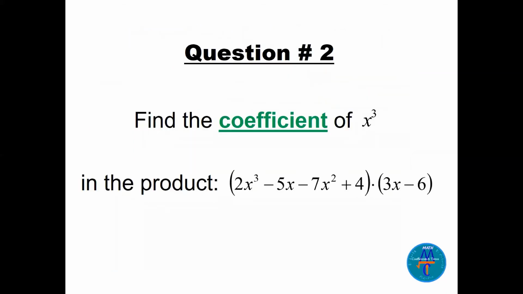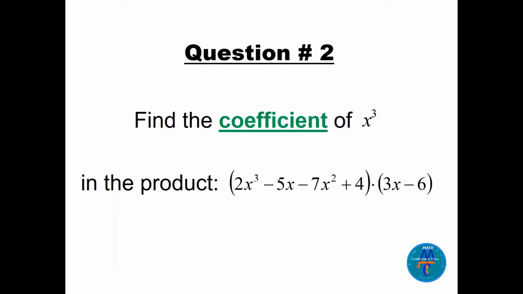Question number 2. Please, you can pause a little here, a few seconds only. Find the coefficient. I'm putting very light examples and questions in these videos about math terms. Find the coefficient of x cubed in the product.